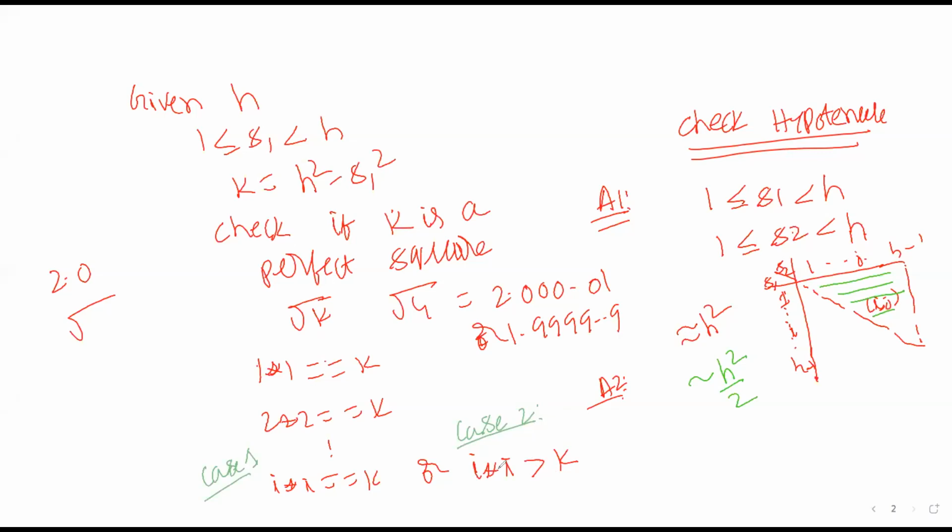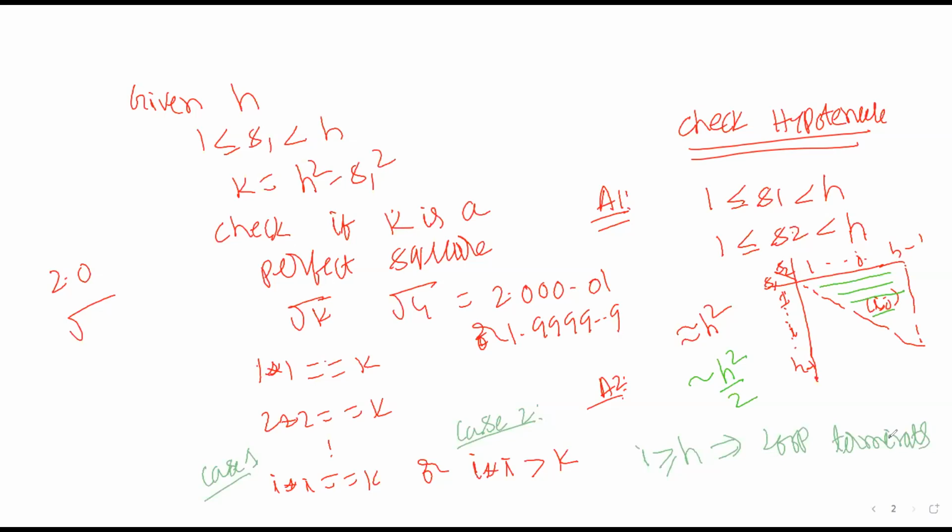Can we safely say if I is greater than or equal to h, then the loop terminates? Is it okay to say that? Loop terminates if I is greater than or equal to h. Because if I is equal to h, then we have h into h is h square, and k is equal to h square minus s1 square.